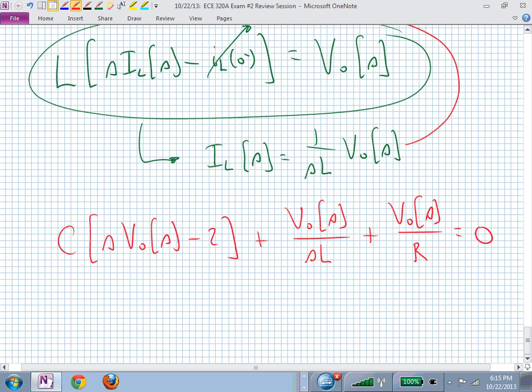Questions on that? And where that came from? Yes or no? Now you can solve that for capital V naught of s, and you should end up with a second order denominator expression. And you could use the appropriate R, L, and C's that were given to give you a collection of, in this case, it actually ends up being two real unequal roots.